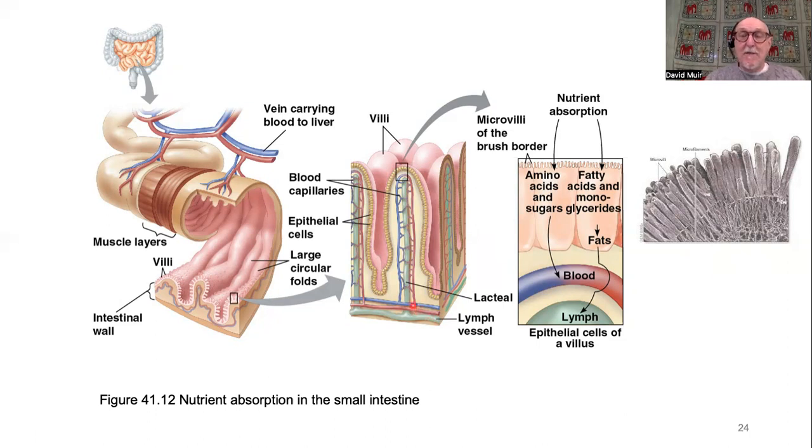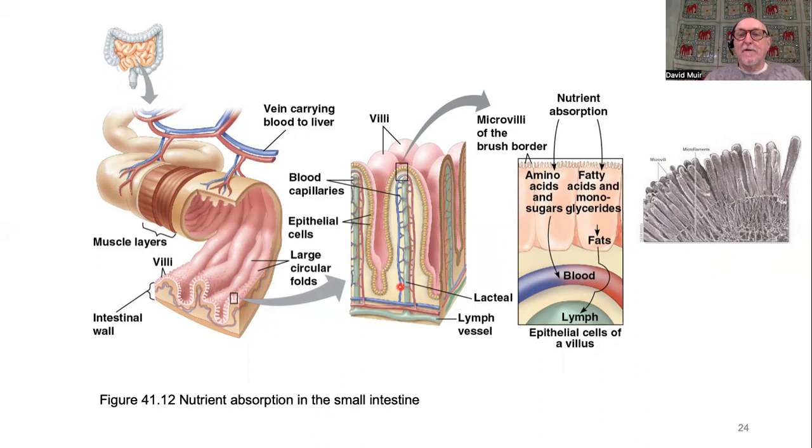And in addition, they have a branch of the lymphatic system here, which is called a lacteal, which leads to a lymph vessel there. This is all very important, and it's important to understand that if we're going to understand how the small intestine actually absorbs material.